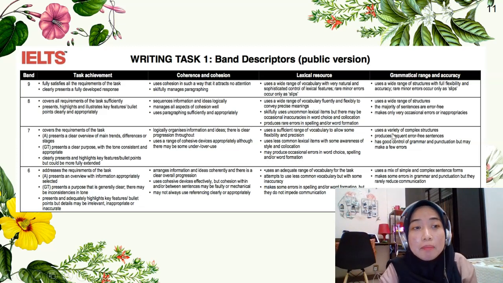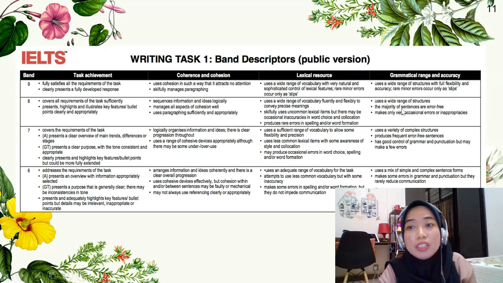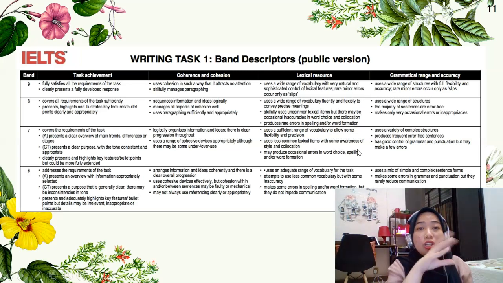If you want to get band 7 for writing, you need to use a variety of complex structures. Okay? Whereas if you want to get band 8, you want to use a wide range of structures. So not just complex and not just compound, but a mixture of everything. So as you can see here, this is the reason why we need to learn these different types of sentences, so that you can mix everything and use these sentences correctly.